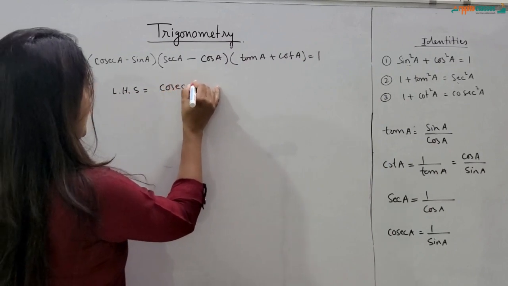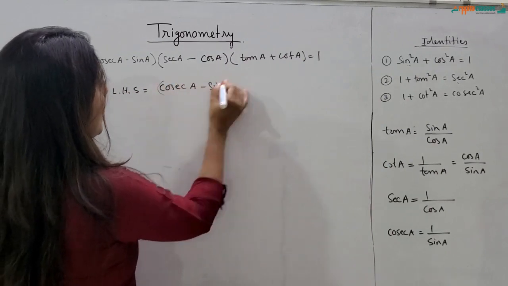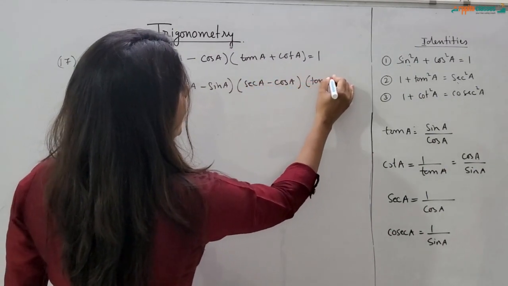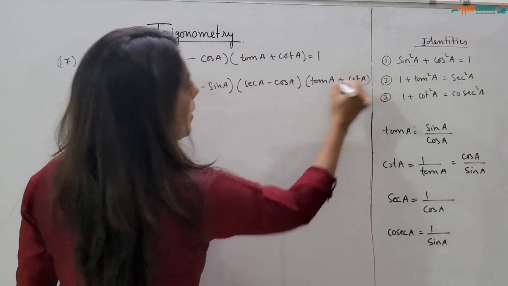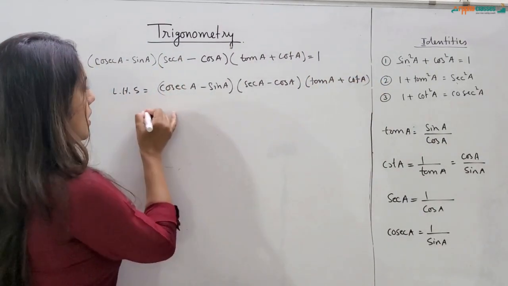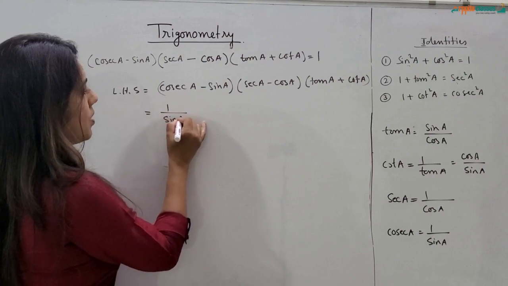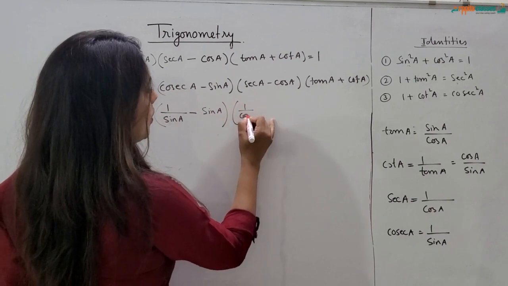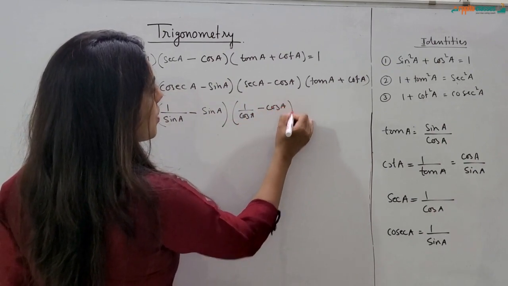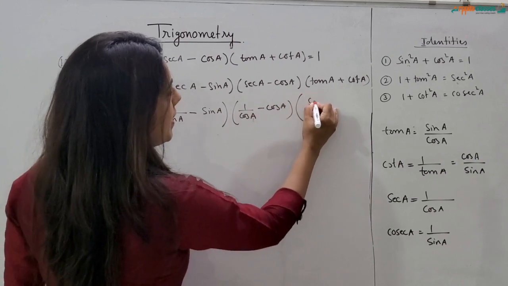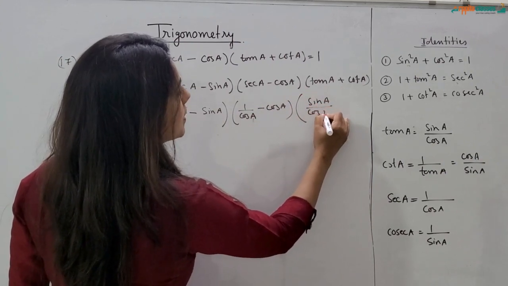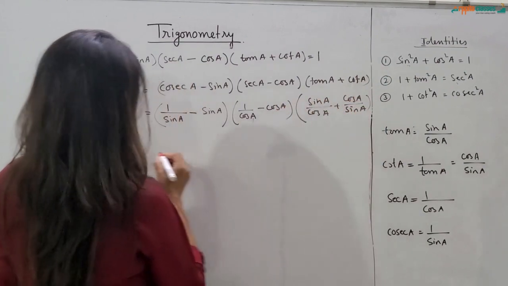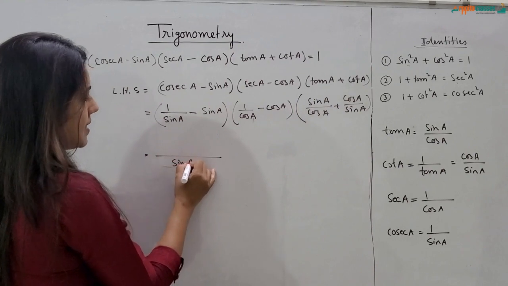We have (cosec A minus sin A) into (sec A minus cos A) into (tan A plus cot A). Now let us resolve everything into sin and cos. So in place of cosec A, it will be 1 upon sin A minus sin A. Here it will be 1 upon cos A minus cos A. And this will be sin A upon cos A plus cos A upon sin A. Now, here I will be taking sin A as the LCM.